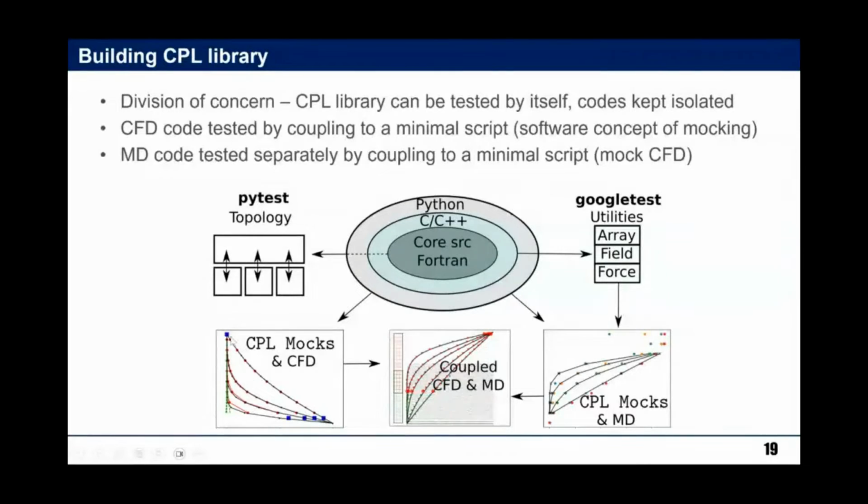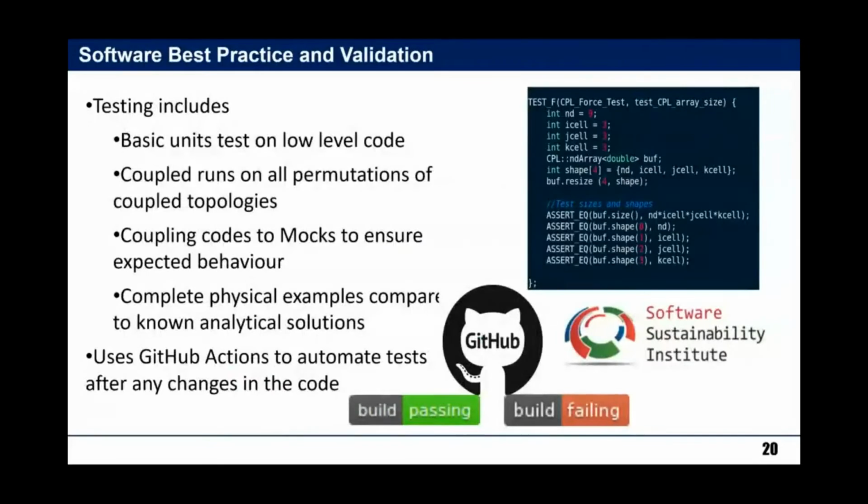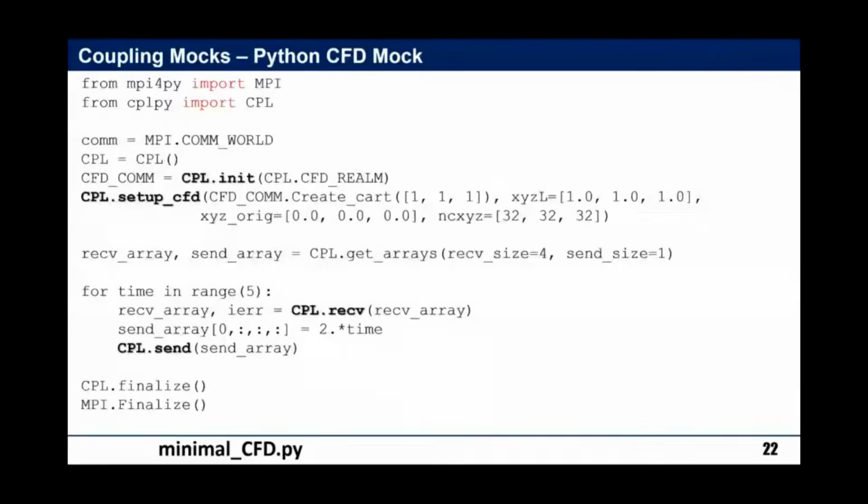But here are a couple of examples. You can see we do a mock test with CFD, and a mock test with MD. Both have been tested independently, and then we bring them together at the end. So it allows a systematic debugging of the code. And then all of this is automated on GitHub Actions. The idea is that we go through all of these permutations every time we make a change to the source code.